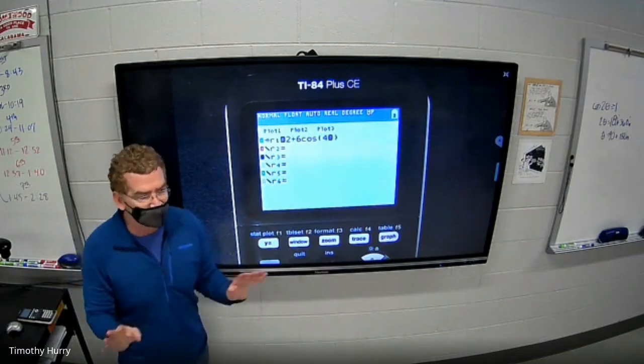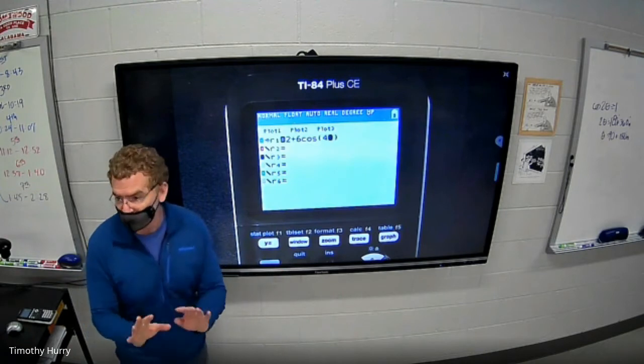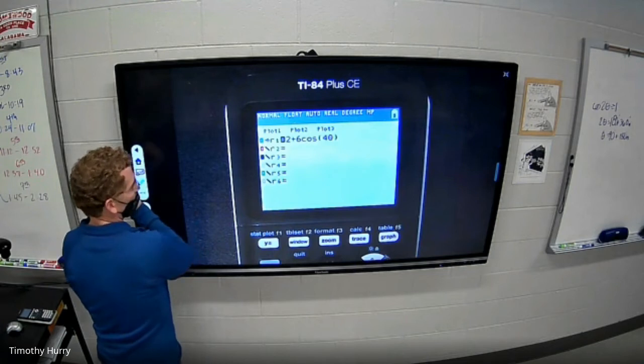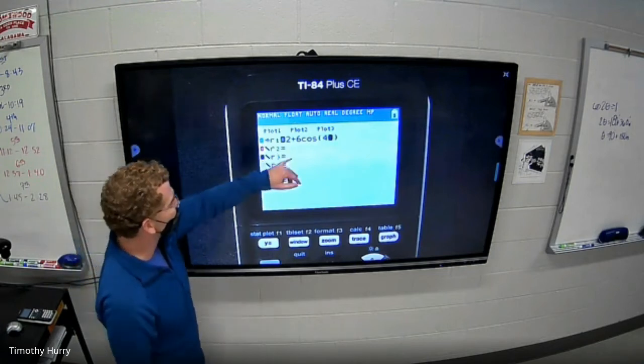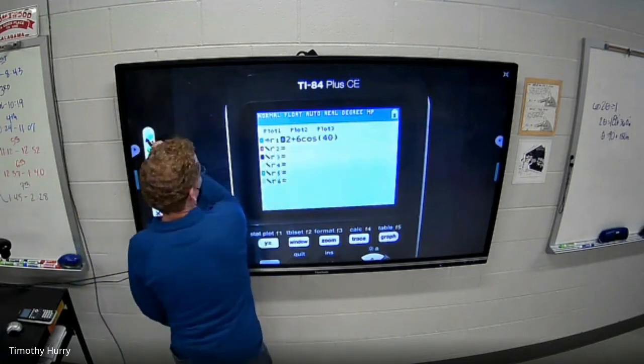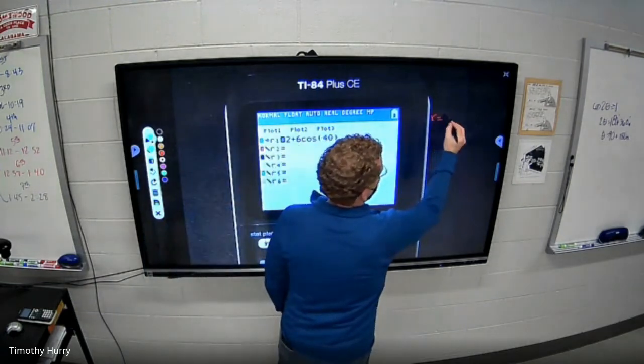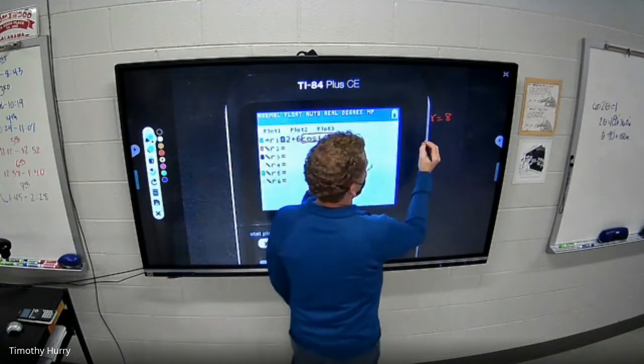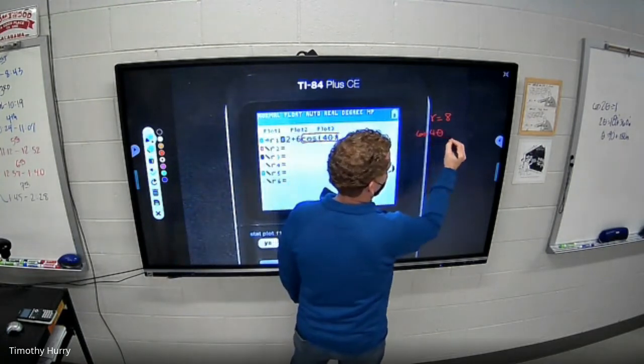Now, if your brain's exploding on that and you really just want to know where to mark them, well, you can do the math. Check it out. I could say, all right, R will be 8 when that is 1. So where is cosine of 4 theta equal 1?